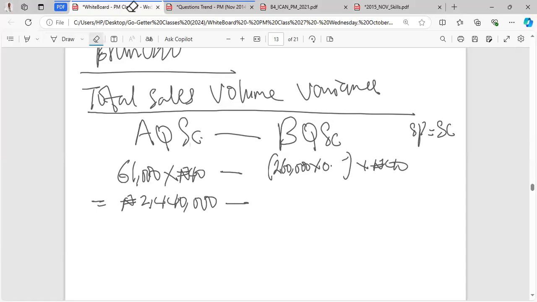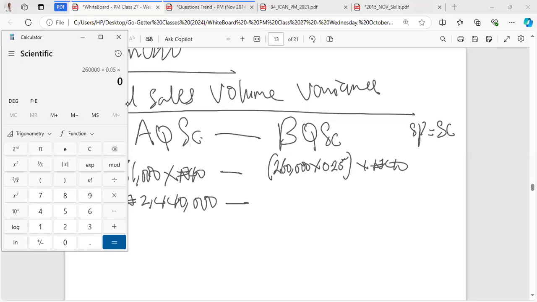So I'll change that to 0.25. I need to clear that. 260 times 0.25 times 40 naira.